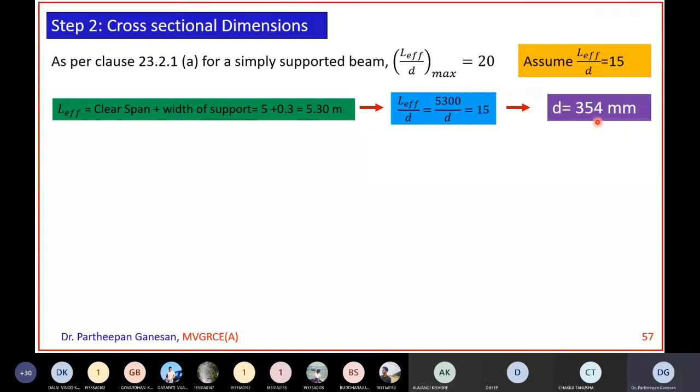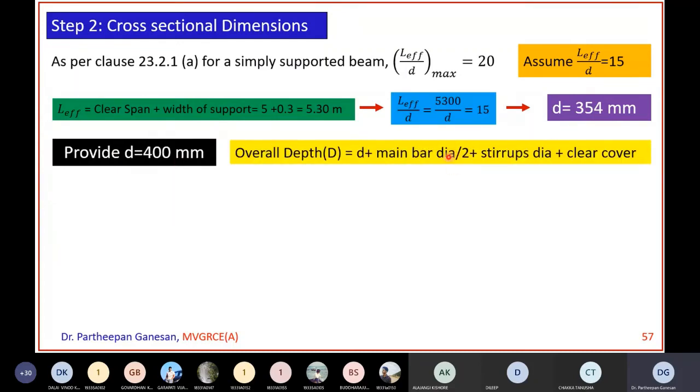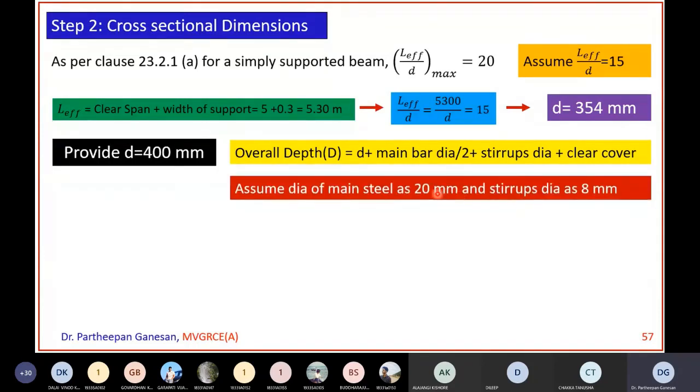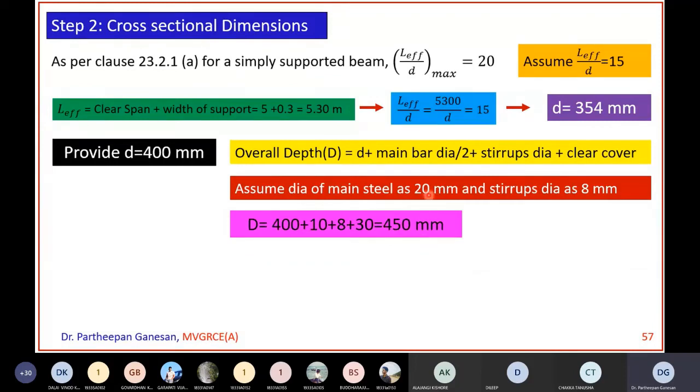You are assuming a higher value than this one, that is 400 mm. Now assume the diameter of the bar, stirrup diameter and clear cover. Although we assumed 20 mm, finally we provided 22 mm, but that will be covered here. See, if you put 22, this will become 11, this will become 449. So we have taken 450 mm, that is fine.